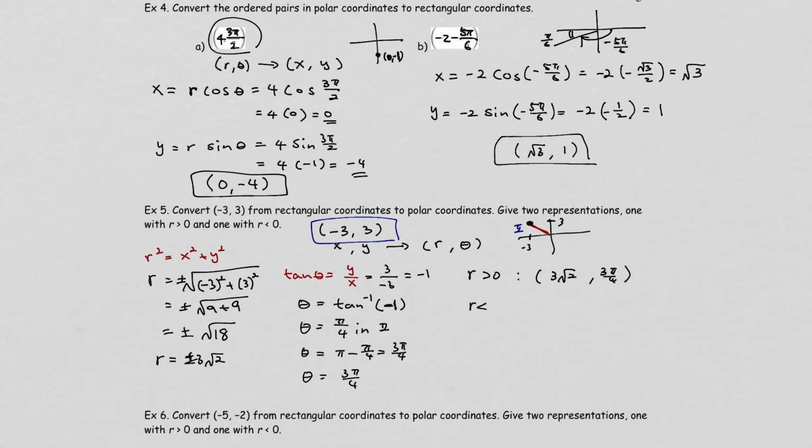When the distance is negative, we can have negative 3 square root of 2 with negative pi over 4. Because negative pi over 4 will be here, and going backward will give you that point, so that will give you a negative distance.